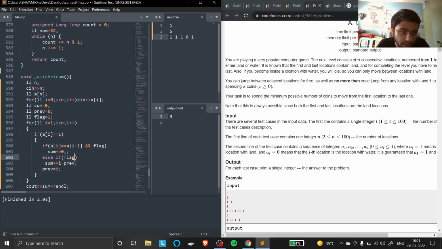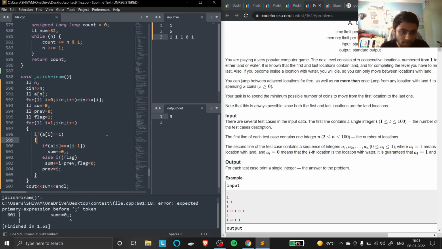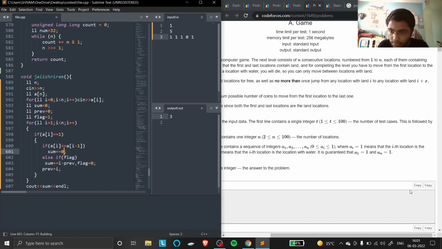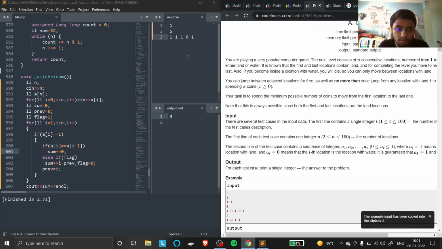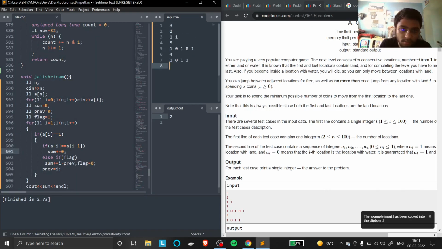Flag equal to 1 only, then the condition, otherwise flag equal to 0. Hmm, wait a second. I think only one time it could do.